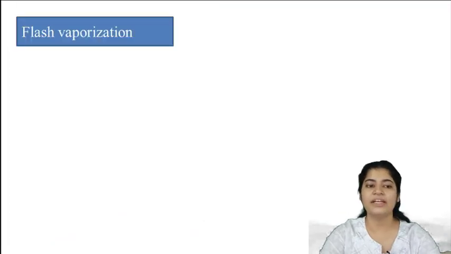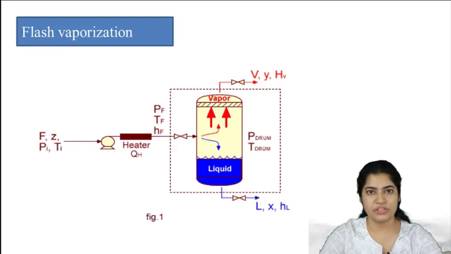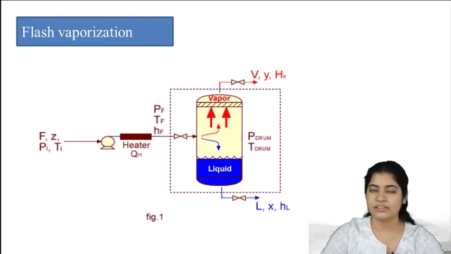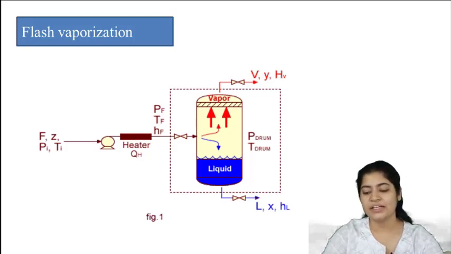Now studying in depth about flash vaporization. Here is the process diagram of how the flash vaporization method takes place. First of all, you are taking your feed at the initial condition. The composition of the feed is Z. What is Z here? It is the mole fraction of the more volatile component, at temperature T1, T2.